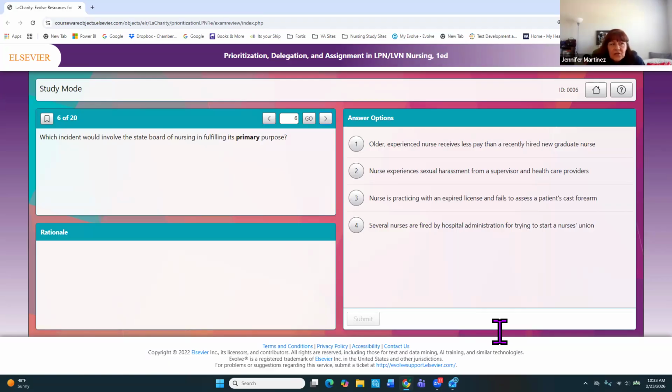Number 3, a nurse is practicing with an expired license and fails to assess a patient's cast forearm. Or number 4, several nurses are fired by hospital administration for trying to start a nurses union. Gosh. So which one of those would involve the State Board of Nursing? 3.